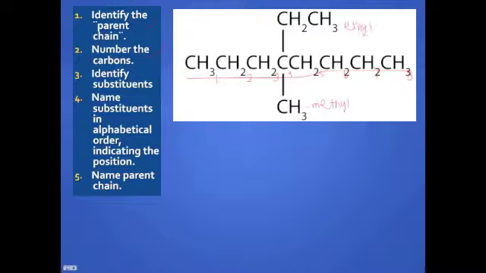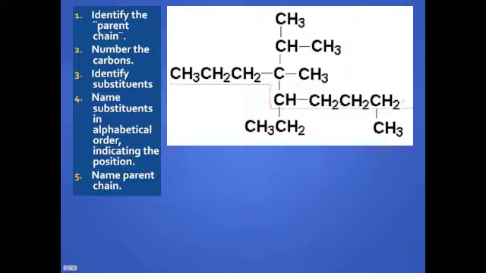Step number 4 says name substituents in alphabetical order indicating the position. We have methyl and ethyl. Ethyl is first, therefore we will write 4-ethyl, 4-methyl. At the end, we will name our parent chain, which is octane because we have 8 carbon atoms in it.